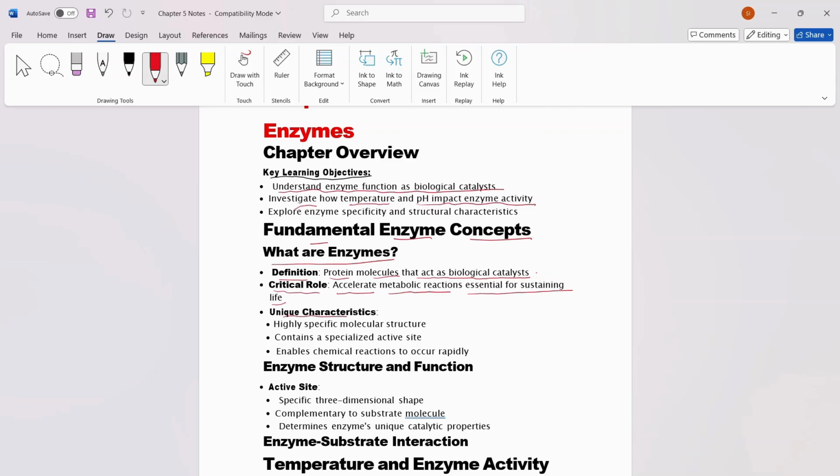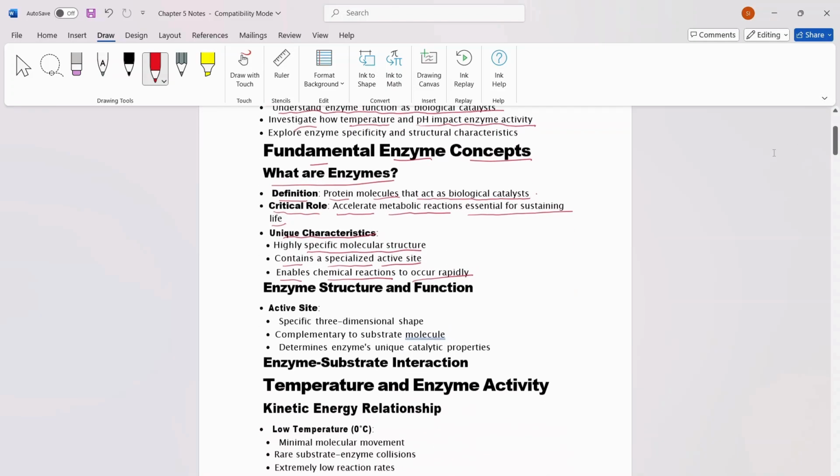Some unique characteristics include a highly specific molecular structure, containing a specialized active site, and enabling chemical reactions to occur rapidly. Biology is an understanding subject, but you also have to learn several concepts here.